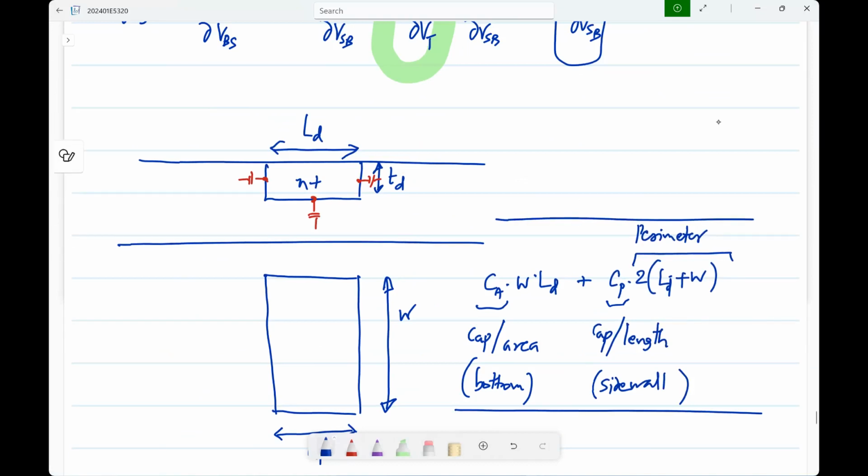So you will be given these things, and depending on the drain source area and the perimeter, you will have to calculate these parasitic capacitances and put them in. Okay, so that's basically the idea. If it is much deeper than the channel, it will be quite complicated in that the depletion is not uniform on all the sides, but for our calculations, that's fine.